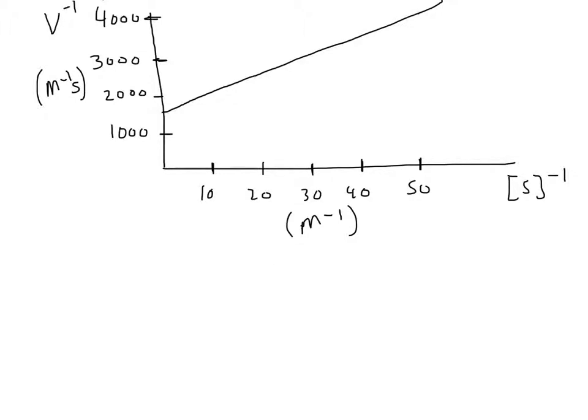Now, for the Km value, well, we can get the Km from the slope. Remembering that the Km over the Vmax is the slope, we can merely estimate the slope and multiply that by the Vmax that we just got. So what's the slope here? Let's estimate that.